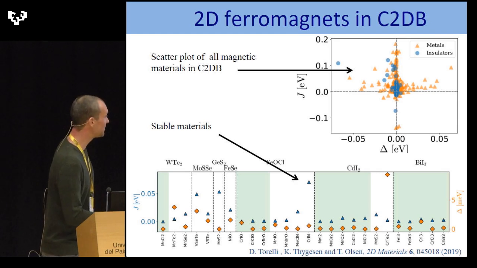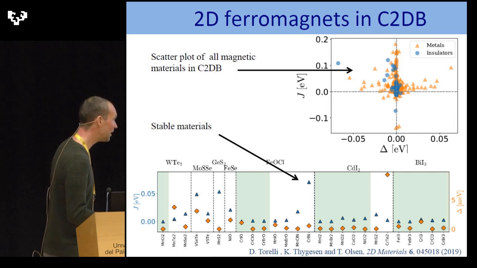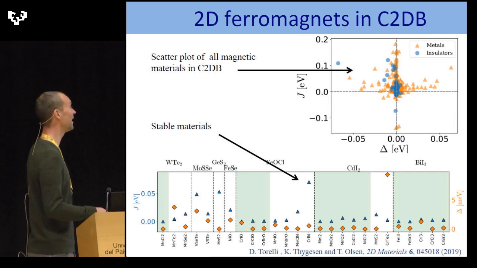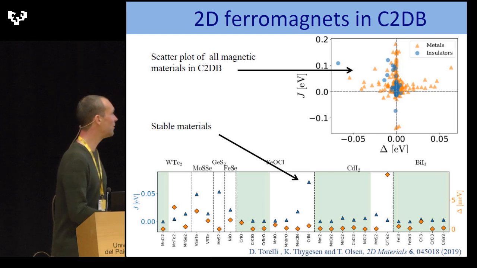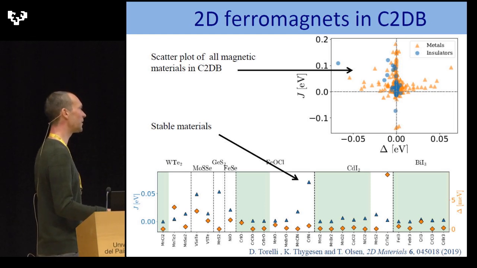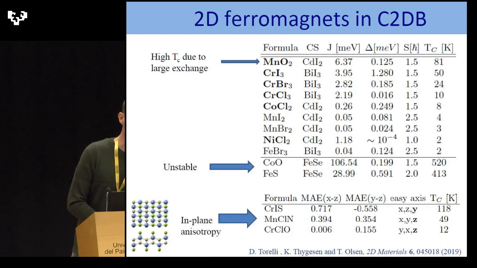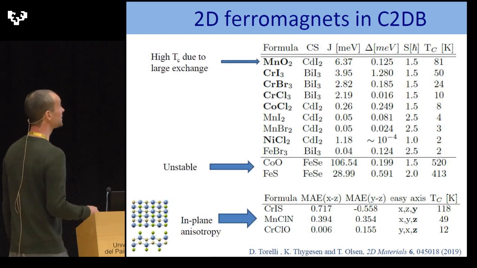So this is a table. Again, one should look at the ones which have a green background. These are the insulators, and we get spin wave gaps on the order of approximately 1 meV. So these are the materials we find.